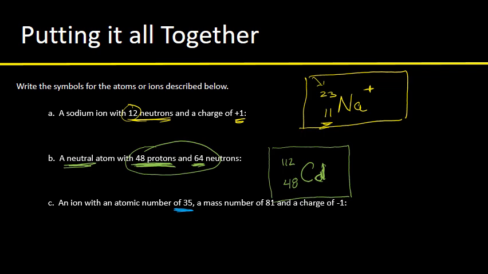We can look on the periodic table and see that element number 35 is bromine. And in this case, the mass number for the upper left is already calculated for us. So that's an 81. And the charge, Q, on the upper right is -1. So we can indicate that with just a negative.